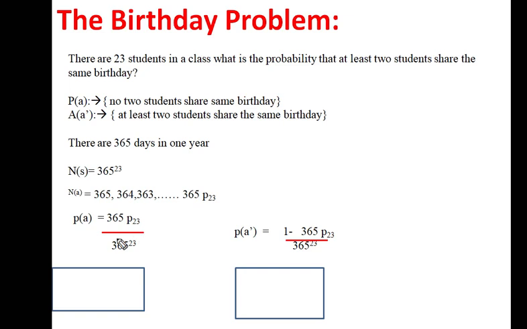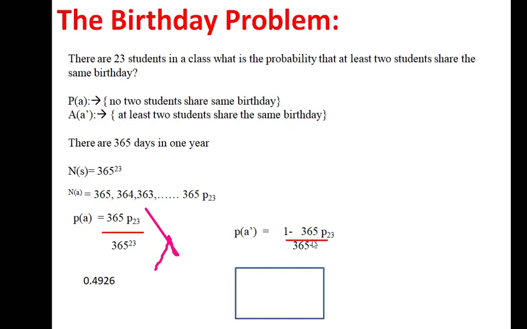So if we calculate the probability of this event, we will get the result 0.4926. After calculation we will get this result. And one more point, we have to calculate A dash, meaning the opposite. We require that at least two students share the same birthday.